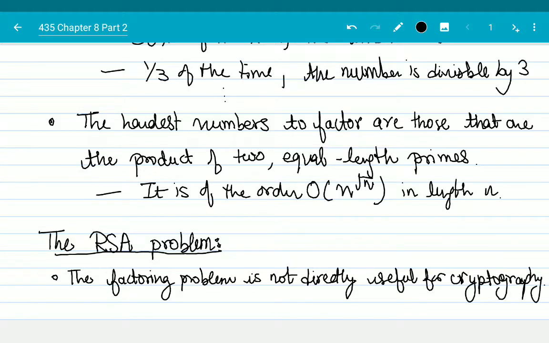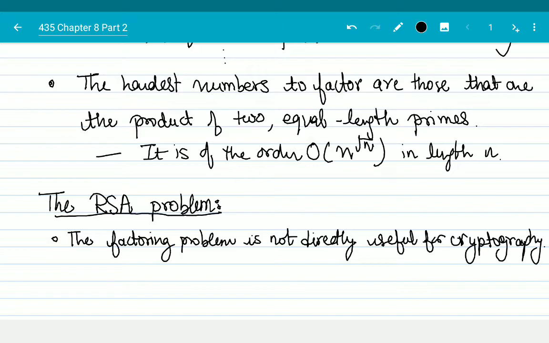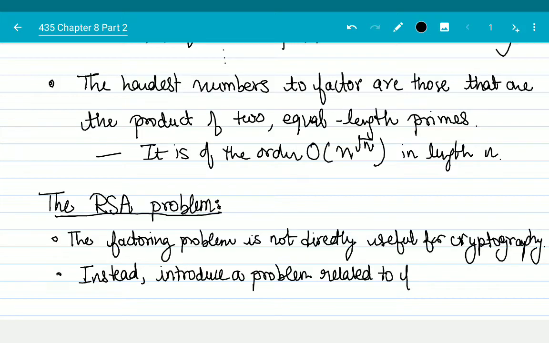I'm not going to formally write it down in terms of an experiment. Instead, it is related to a problem that is important. Instead, I introduce a problem related to factoring, which is the RSA problem.